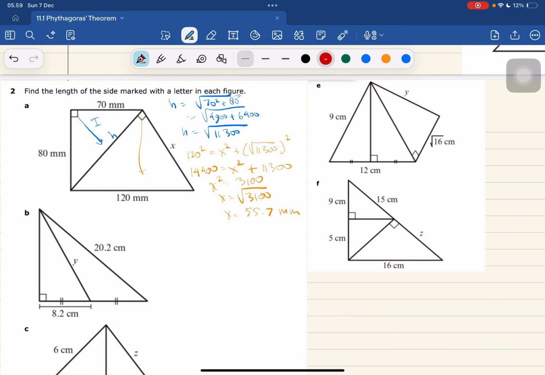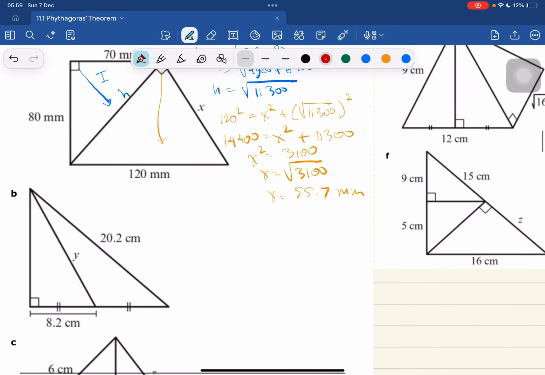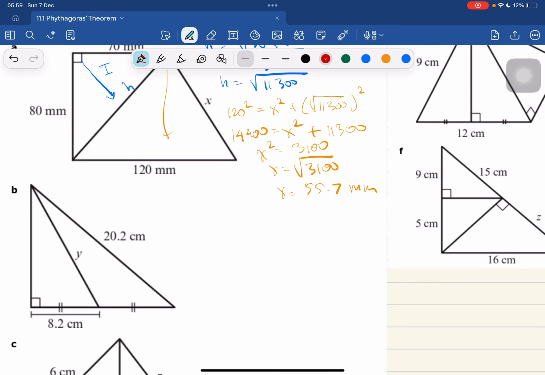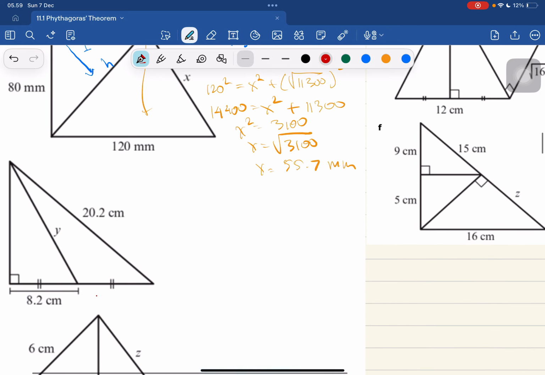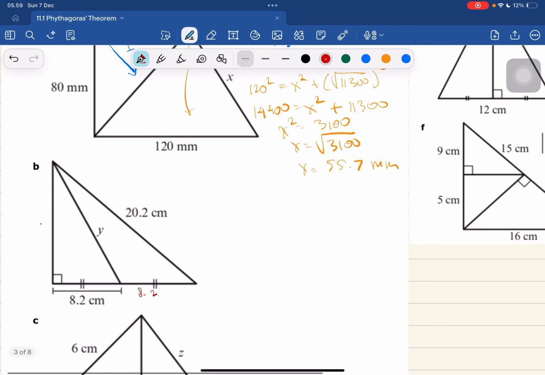Next, for part B. So what we got here, this is 8.2. Let us find this length first. Let's make it x. So this is the hypotenuse 20.2, so 20.2 squared equals x squared plus 8.2 plus 8.2, which is 16.4 squared.